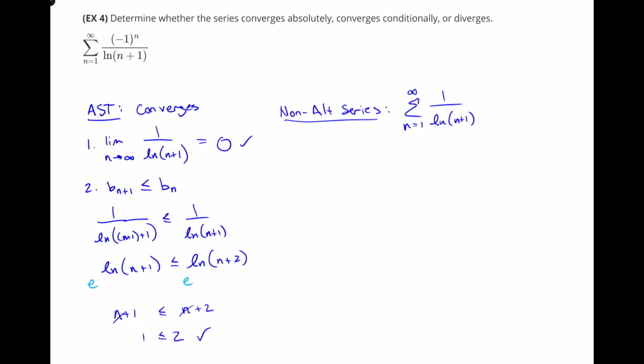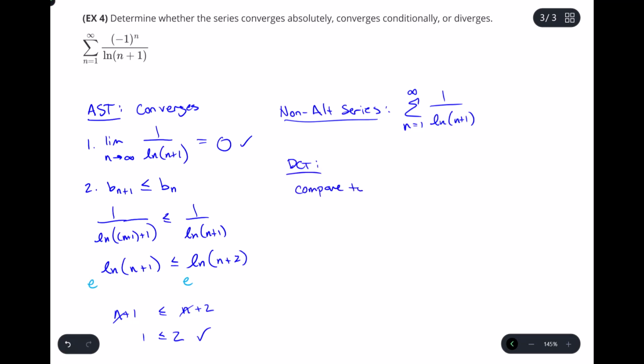So the direct comparison test, if we try that, we have to pick something to compare to. So we have a choice, and we can try and compare to something that converges or something that diverges.